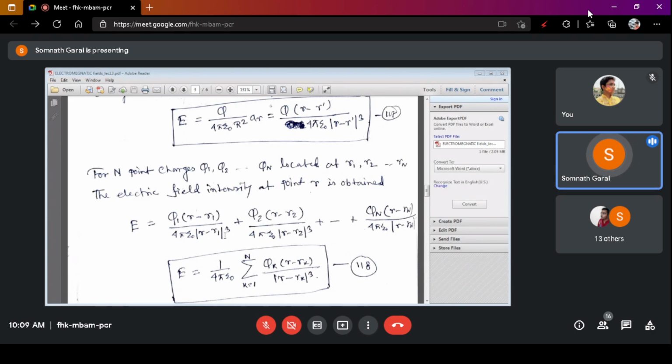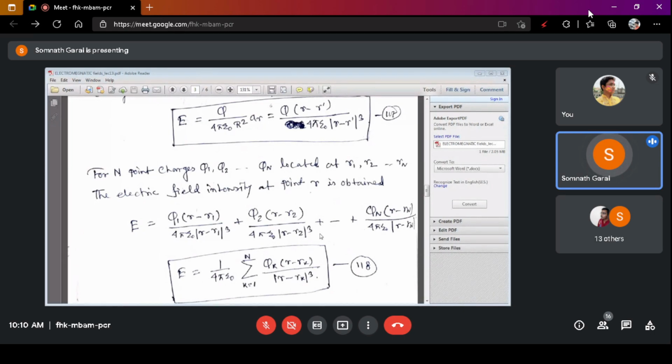Similarly, if we calculate the electric field intensity with respect to the Q2 point, the equation will be Q2 into R minus R2 divided by 4 pi epsilon naught mod R minus R2 cube. Similarly, for Q3, this will be Q3 into R minus R3 whole divided by 4 pi epsilon naught mod of R minus R3 cube.